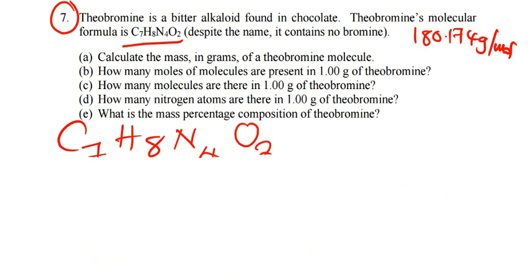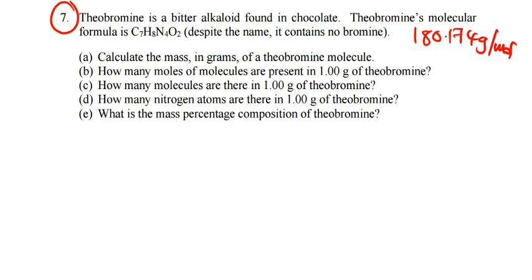Now the question is asking us to first of all determine the mass in grams. How do we do that? It can be easy if we've got the number of moles, which we don't have. In instances where the question is limiting like this, Avogadro's constant becomes so useful.